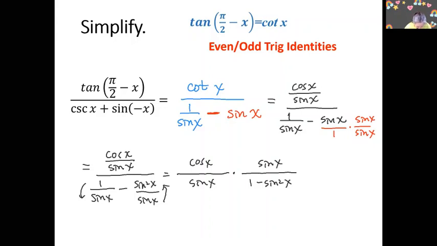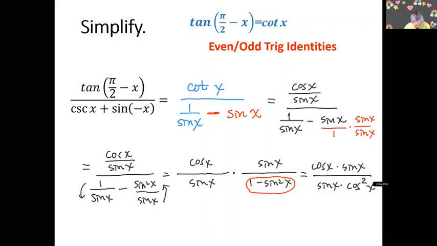Now again, there's a Pythagorean trig identity here. Then it's going to be cosine x, sine x, sine x, cosine squared of x.